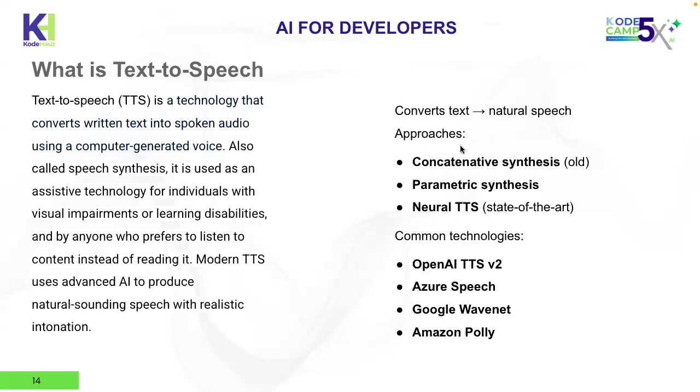So how does it work? It converts text to natural speech, and the approaches that are used. We have what we call concatenative synthesis, which is an old method, right? Basically every word had a way to be pronounced. So if you have long sentences, you basically concatenate the pronunciation of each of those words to form longer sentences.